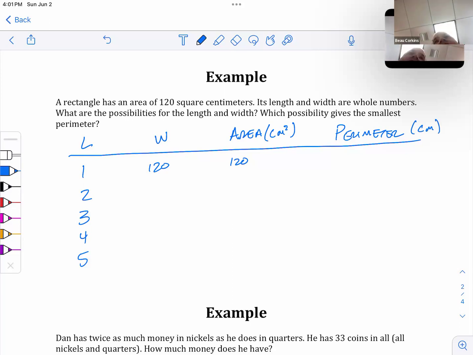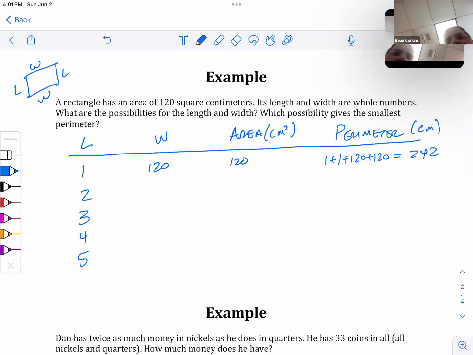And the perimeter is about adding up all the sides. And since this is a rectangle, we have 2 lengths and 2 widths, which means it's 2 plus 240, right? That is 1 plus 1 plus 120 plus 120, which gives us 242.